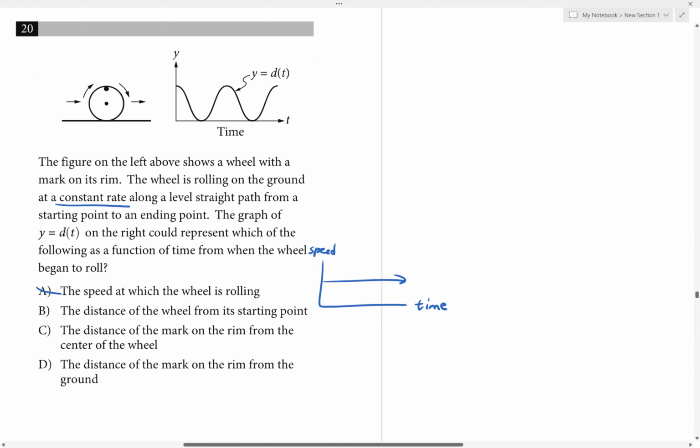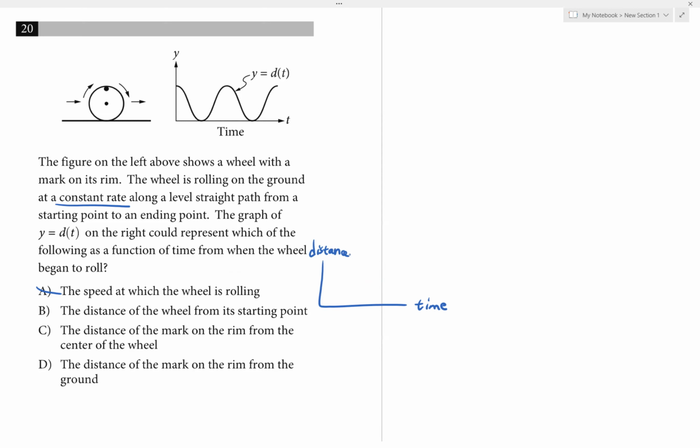And then we try B. B says the distance of the wheel from its starting point. If this graph represents the distance, as the wheel spins, the distance will increase because it's traveling further and further away from the starting point. But it won't go up and down.